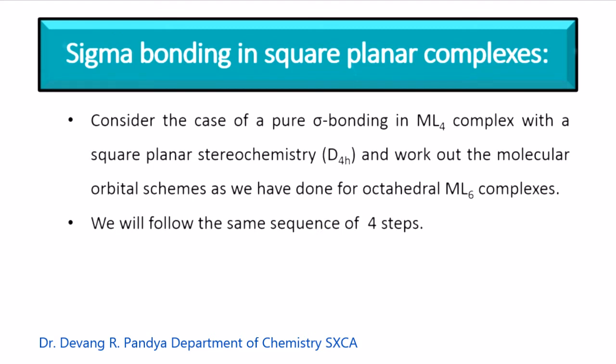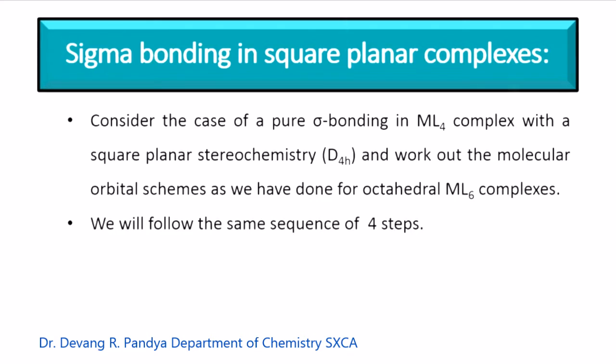We will follow the same sequence of 4 steps. You know that in octahedral geometry and in tetrahedral geometry as well, for all these interactions we follow 4 steps. Step 1 is to identify the valence orbitals of the central metal ion and assign symmetry symbols, Mulliken irreducible terms, to them. In step 2, we find the LGO formation.